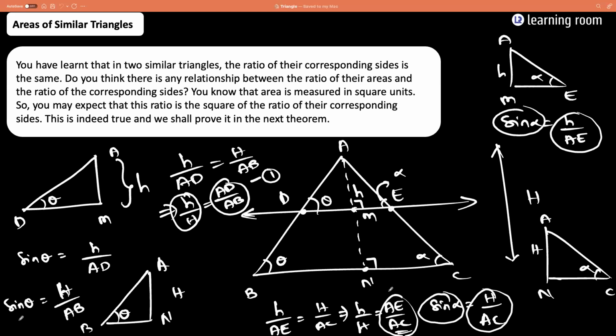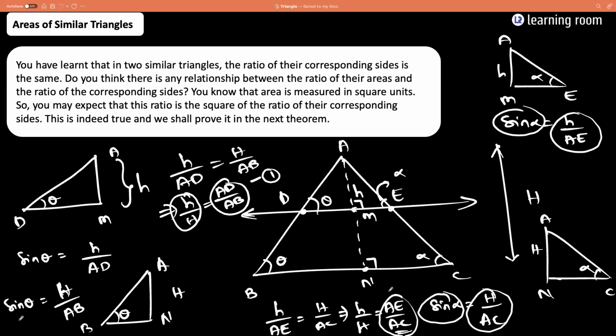Let me tell you. So you have the basic proportionality theorem and the converse of it. The converse states: if a line divides two sides of a triangle in the same ratio, then that line is parallel to the other side. Next, if in two triangles the corresponding angles are equal, then the corresponding sides are in proportion and the triangles are said to be similar.